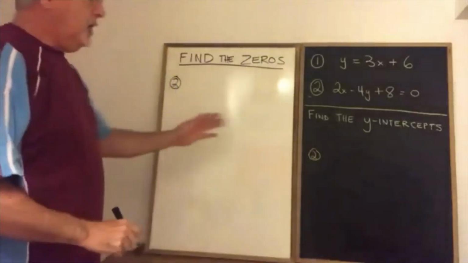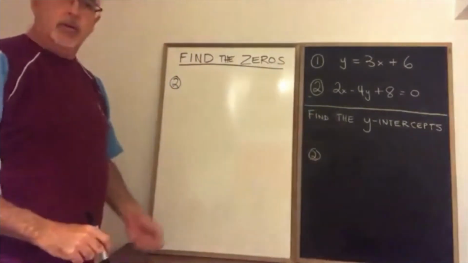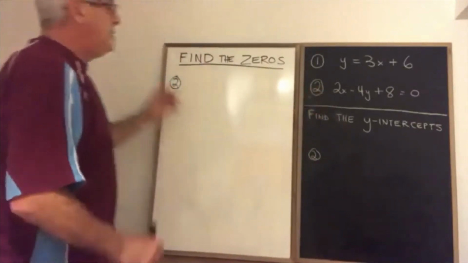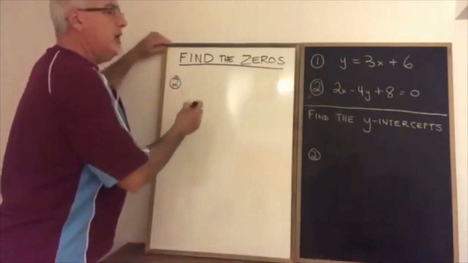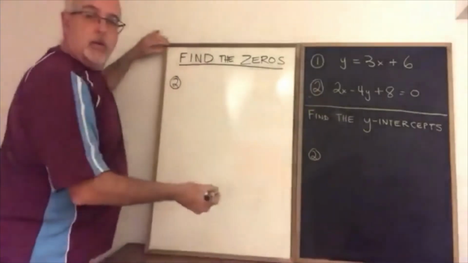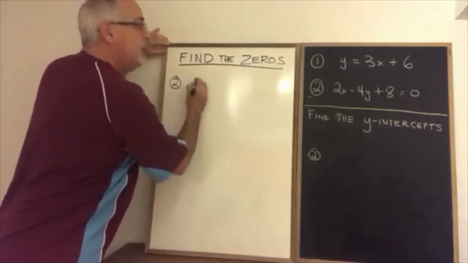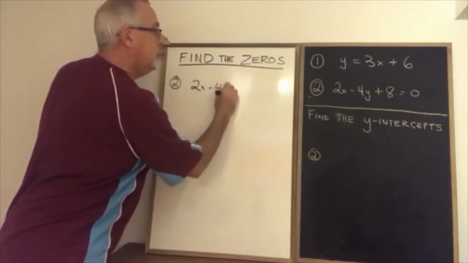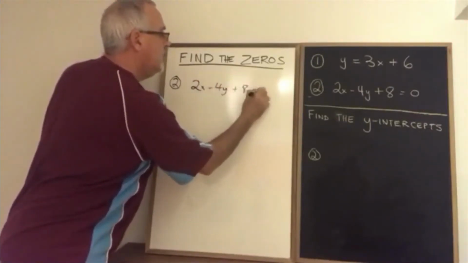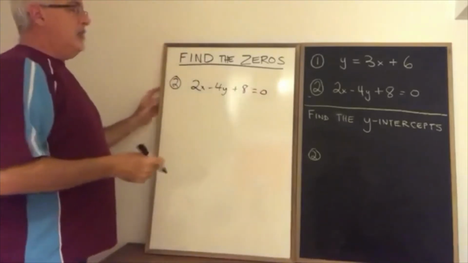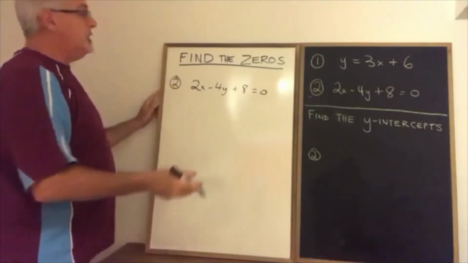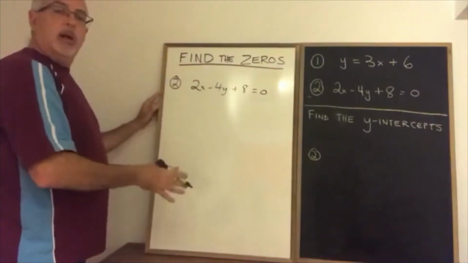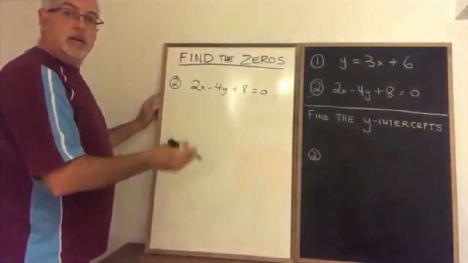Okay, while I wait for the chalkboard to finish drying, I'll find the 0 for equation 2 on my whiteboard. And what I'm doing is I'm not converting it into y equals ax plus b form. I'm keeping it in the form that it's already in. But I'm using the same logic, which is that I know that the 0 is the x-intercept, and that's the point where the y-coordinate is equal to 0.